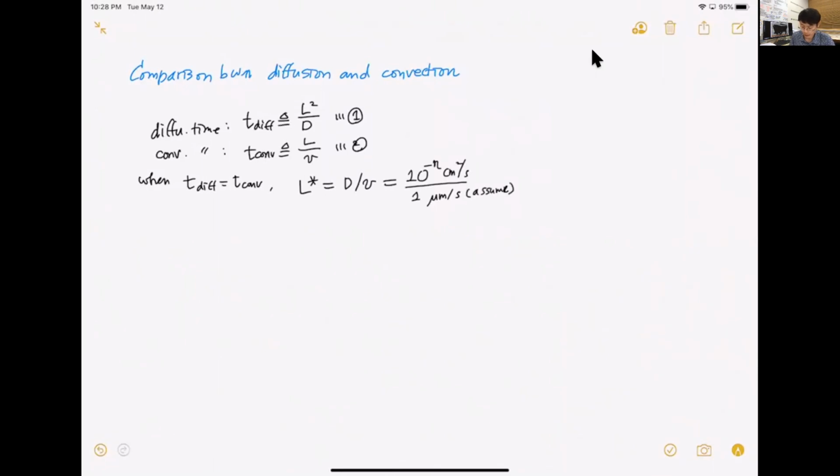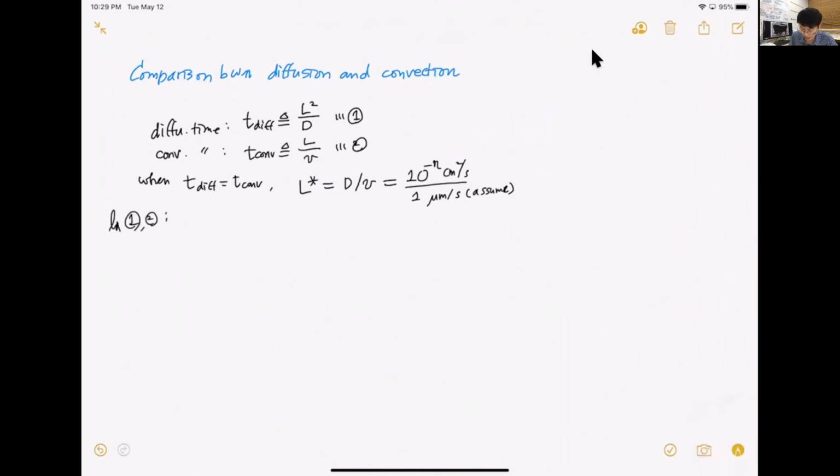Then to compare these, since there's an L squared, it's a power, it's sometimes easier to consider and compare this in log scale. So let's take ln of equations 1 and 2.